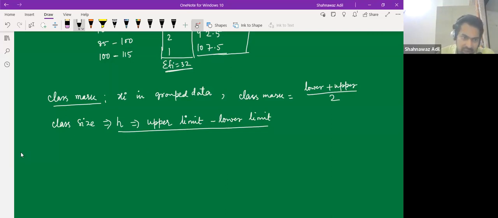And an important thing to note is that in grouped data, for our case, this is a continuous group or exclusive group, so we don't count the upper limit.